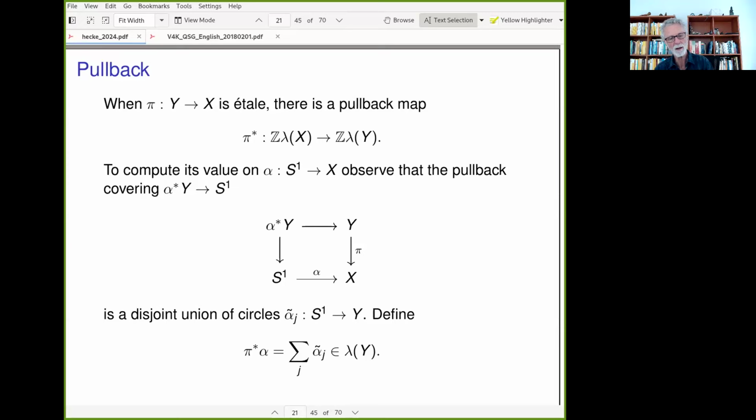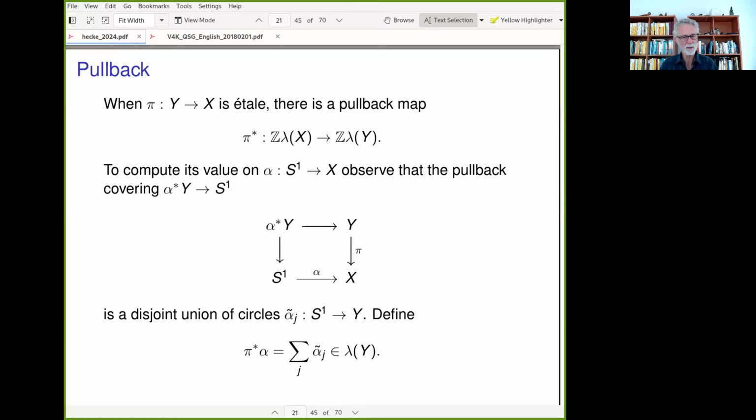So we pull back along alpha, and if you pull back a covering along any map, you get a covering. And every finite covering of the circle is a disjoint union of circles. These circles could have various degrees over the base. It doesn't matter.